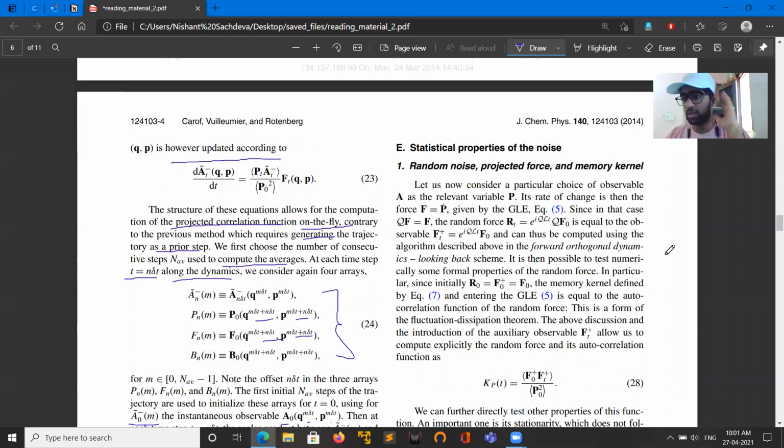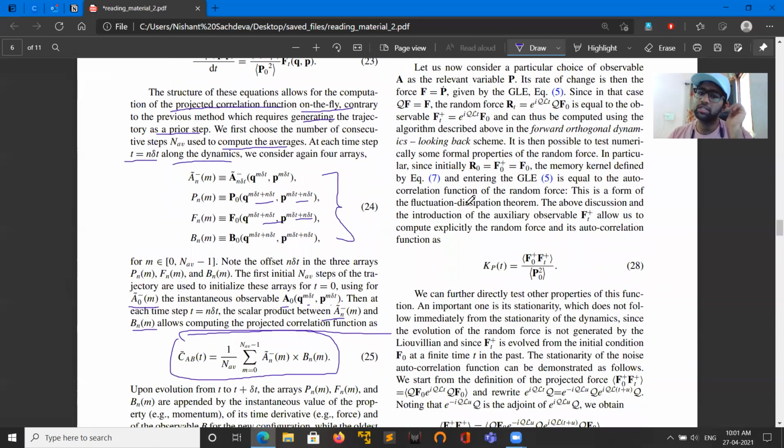It would then be possible to test numerically some formal properties of the random force. In particular, since initially R naught is F naught plus, which is also equal to F naught, the memory kernel defined by equation 7 and entering the GLE is equal to the autocorrelation function of the random force. What is that random force, by the way? That is a form of the fluctuation dissipation theorem.